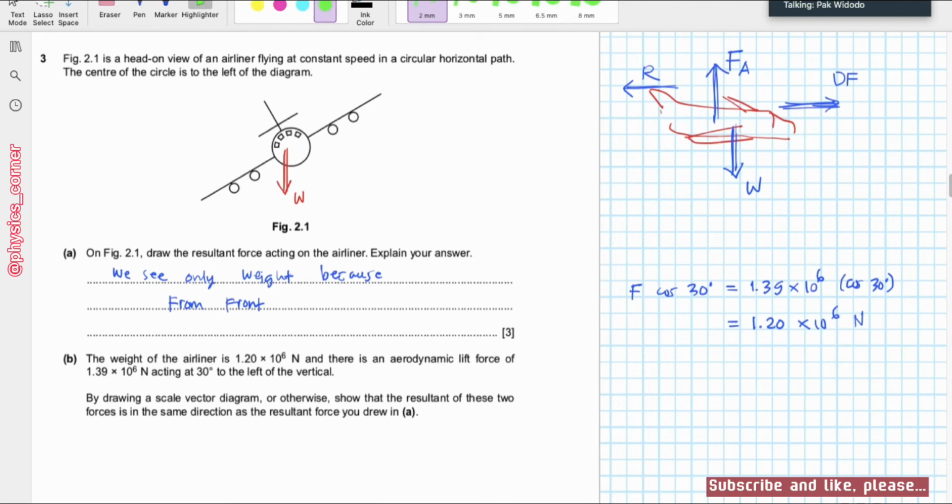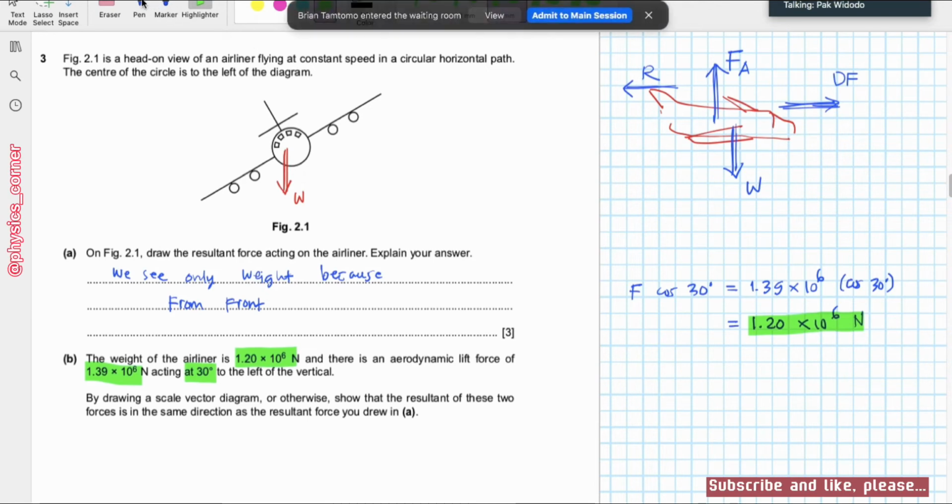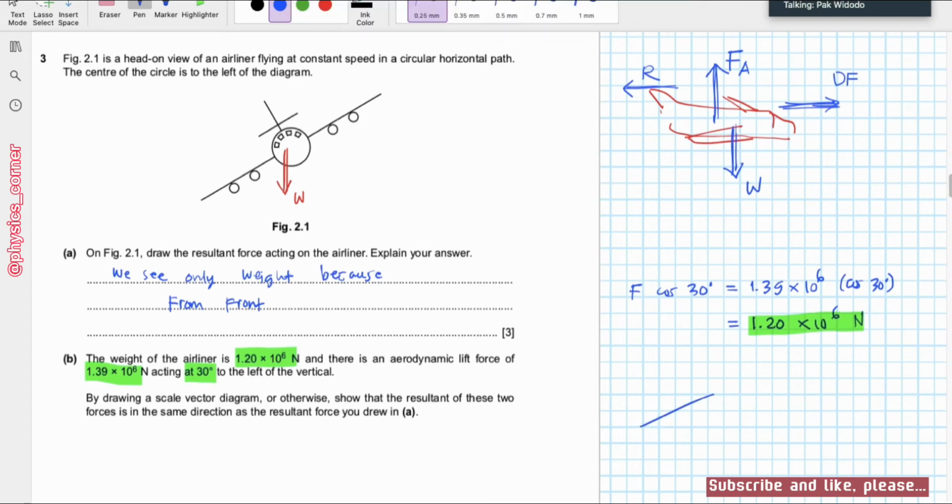Same thing with this one, yeah. This cos 30 equals to 1.2 times 10 to the power 6. So we can decide about this one.